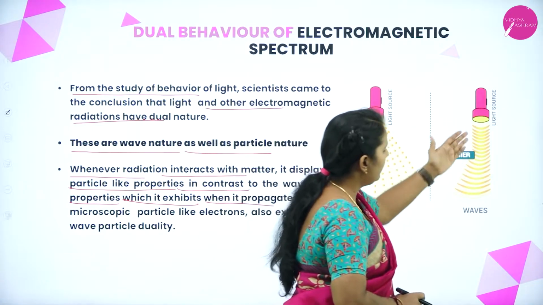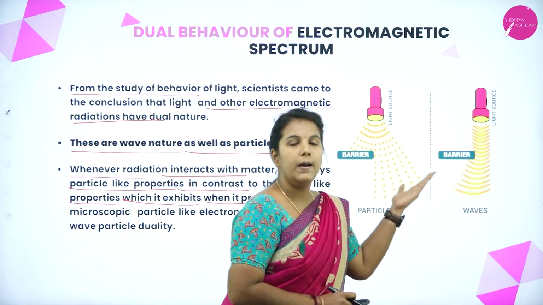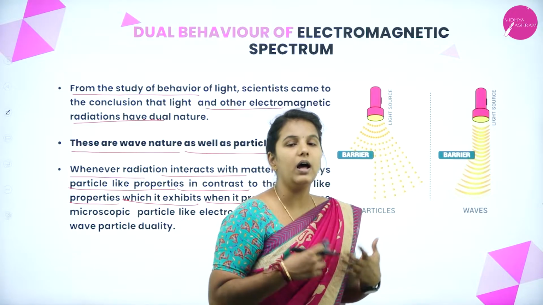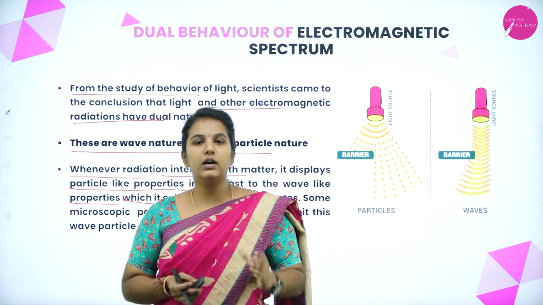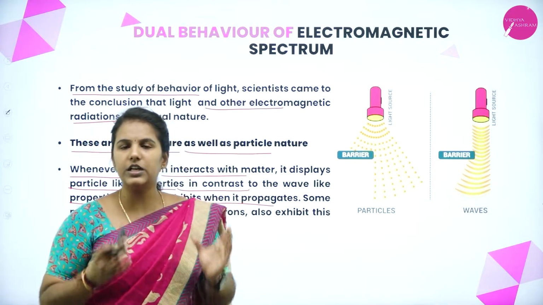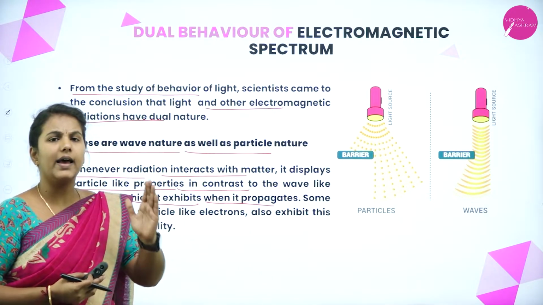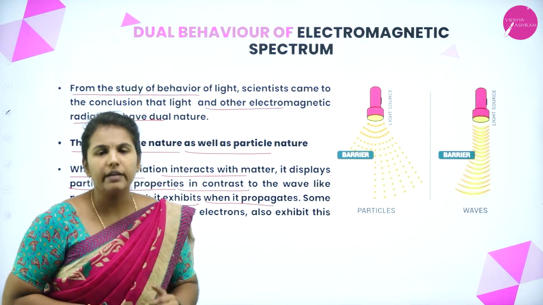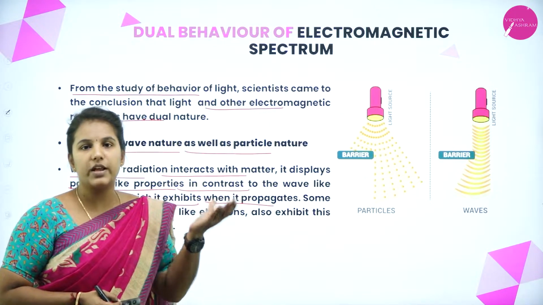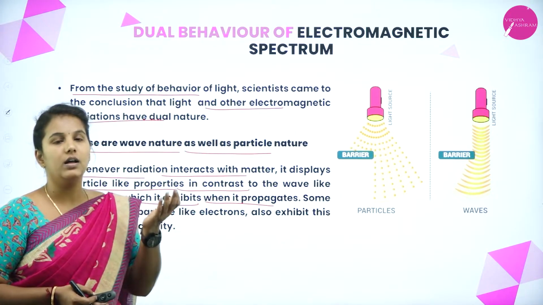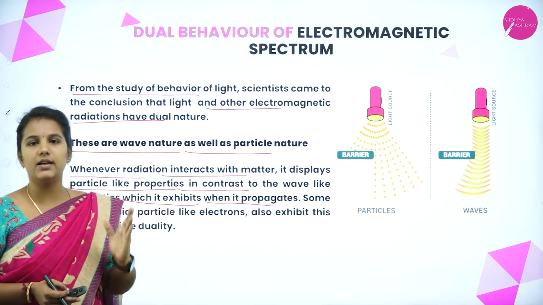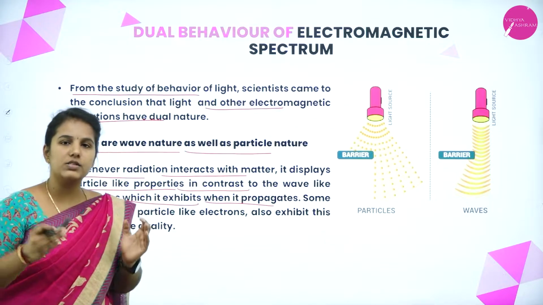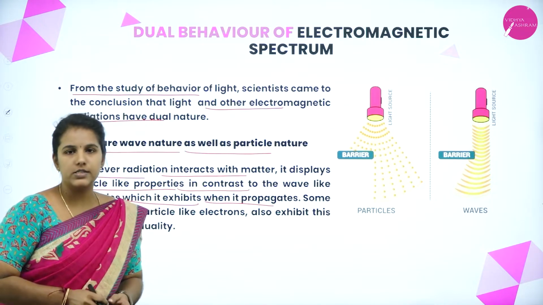The same light, when it propagates, behaves like a wave. So here they understood that all light shows a particle as well as a wave nature. Hence it is known as the dual nature of light or the dual nature of electromagnetic radiation, and it was studied by a group of scientists.